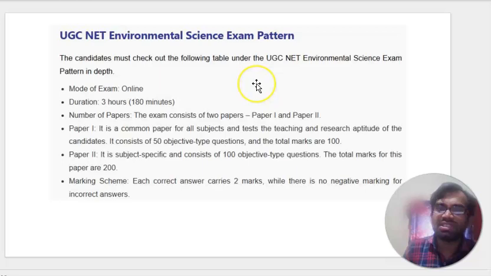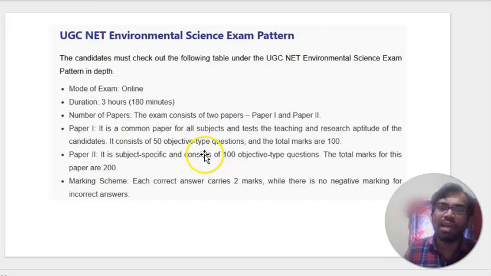And coming to the UGC-NET Environmental Science exam pattern, the candidate must check the following table. The exam is in online mode and the duration is 3 hours, meaning 180 minutes. The exam consists of paper 1 and paper 2. Paper 1 is a common paper for the subject and tests the teaching and research aptitude of the candidate.